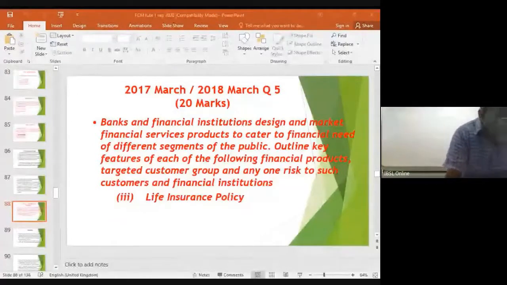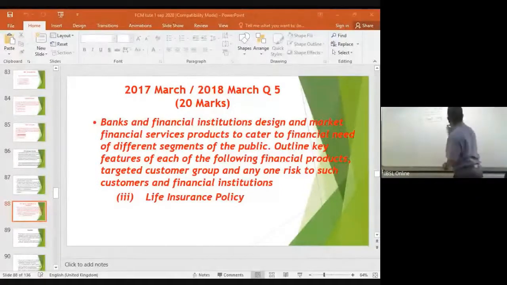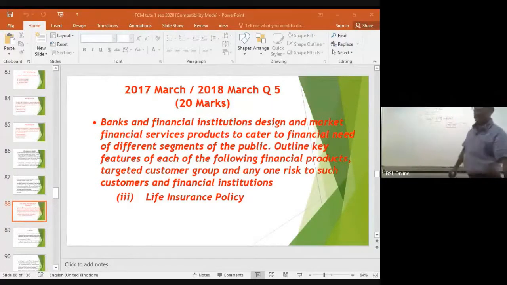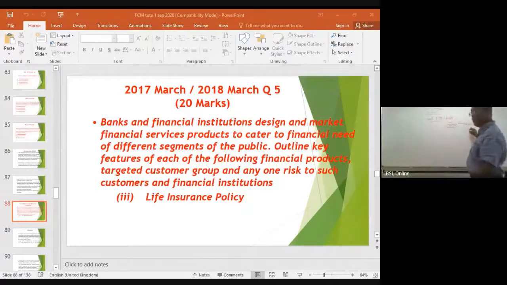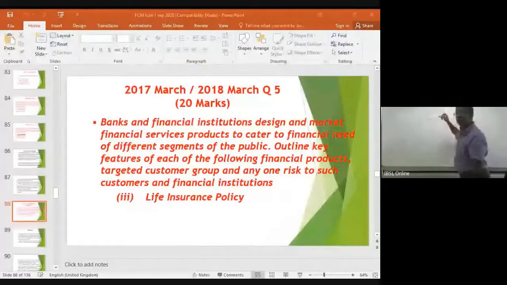Now that is the policy holder. Maybe any person, or sometimes your employer. The employer can also insure the employee. And you also need to remember, the policy holder need not be the same person who enters into the contract. Someone can enter into a contract on your behalf.